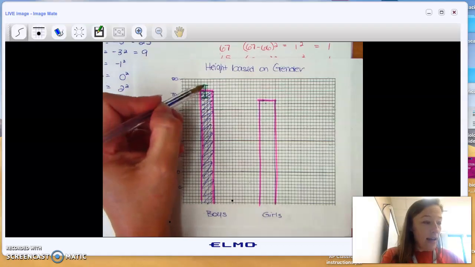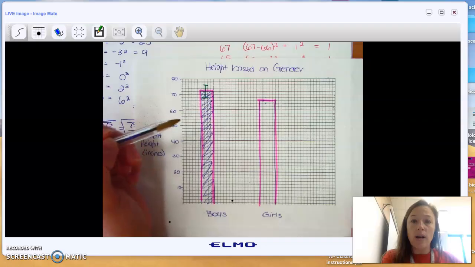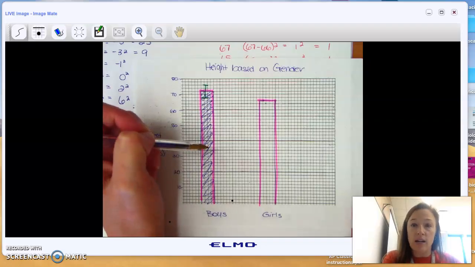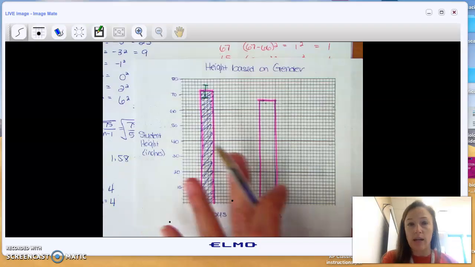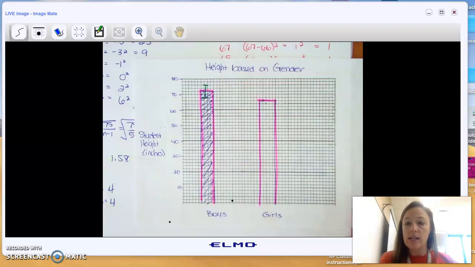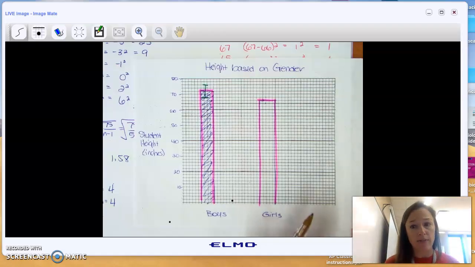I know that my true mean is somewhere in that range. What I mean by that is, let's say this is 17-year-olds. We had 6 17-year-old boys and 6 17-year-old girls, but we know there are a lot more 17-year-olds in the state, the country, the world, whatever we're looking at. In order to extrapolate out to that, we can use standard error.